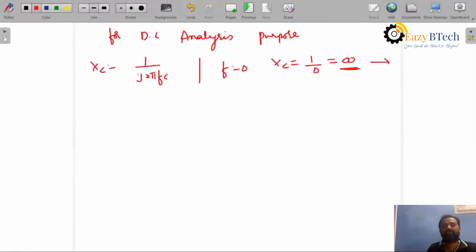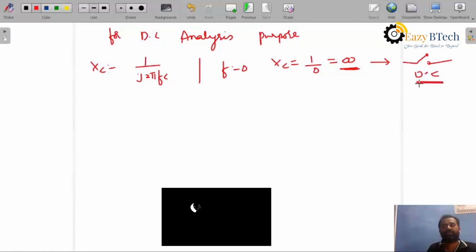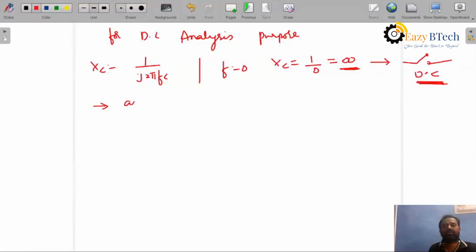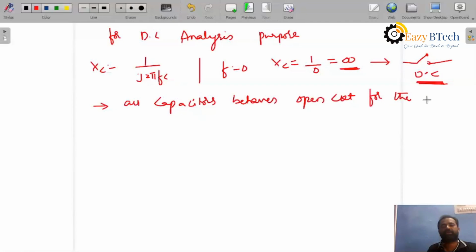Reactance infinity means it acts as an open circuit. So all capacitors behave as open circuits for DC analysis or DC supply.